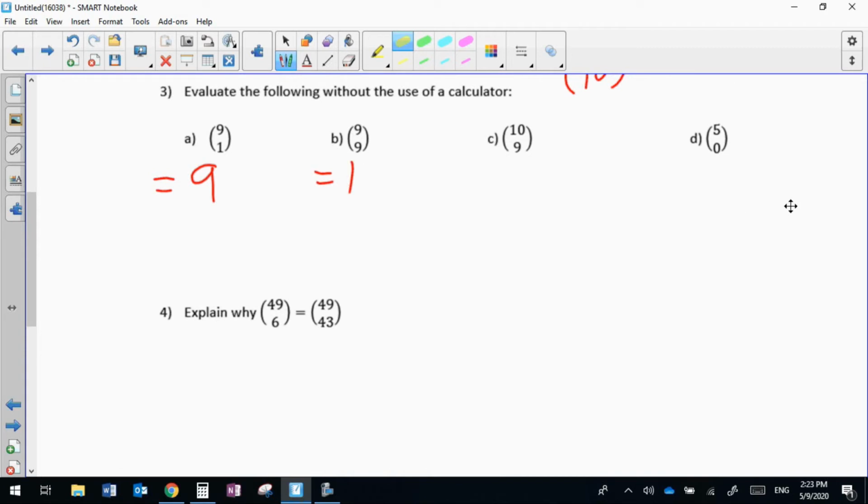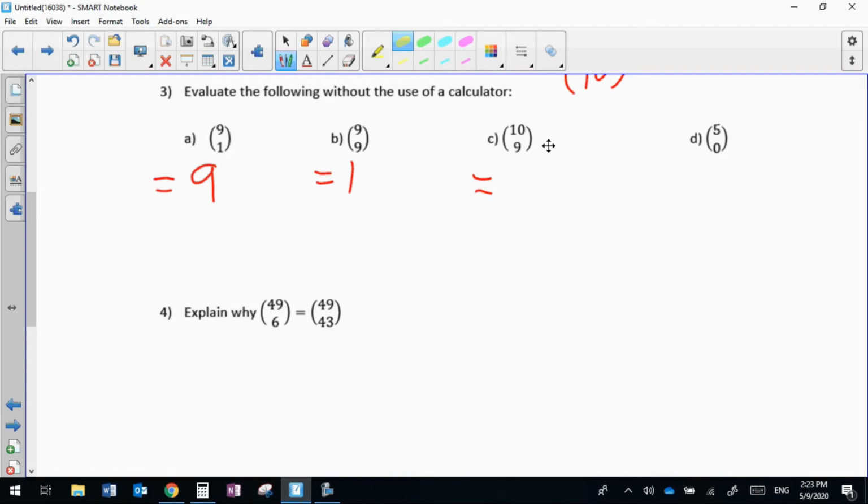How about 10 choose 9? So this basically says I have 10 people and I need to know how many ways can I select 9 of them. That might seem complicated at first, but look at it the other way around. Imagine you want to know how many groups of 9 can I make out of 10 people. Well, that's the same as saying how many ways can I select the one person who's not included in the group?